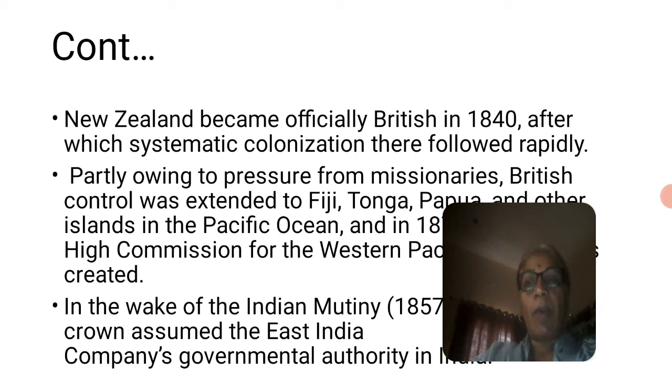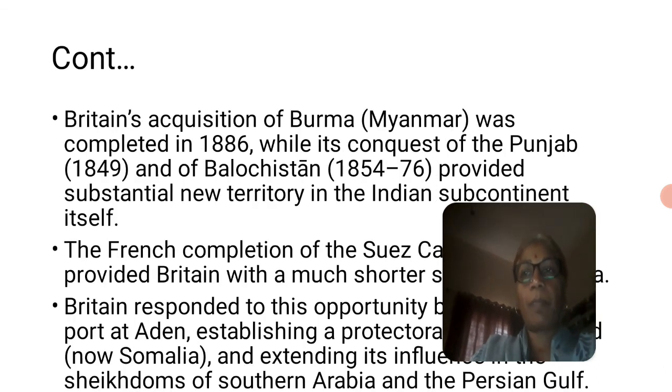British influence in the Far East expanded with the development of Straits Settlements and Federated Malay States, and even the French completion of the Suez Canal provided Britain with a much shorter way to India. Hong Kong Island became British in 1841, and an informal empire operated in China by way of British treaty ports and the great trading city of Shanghai.